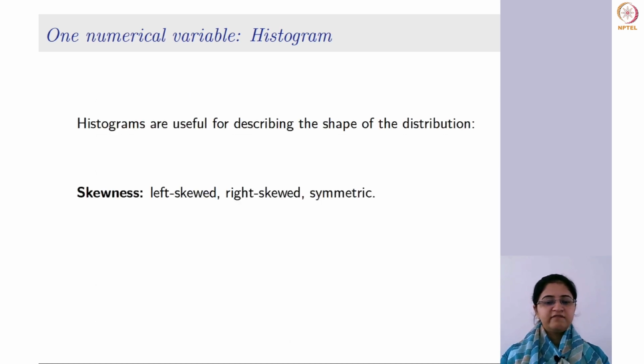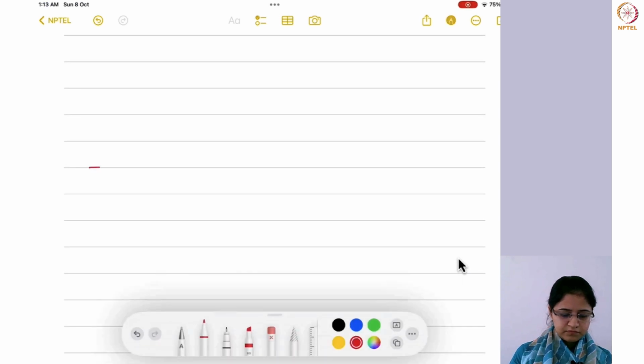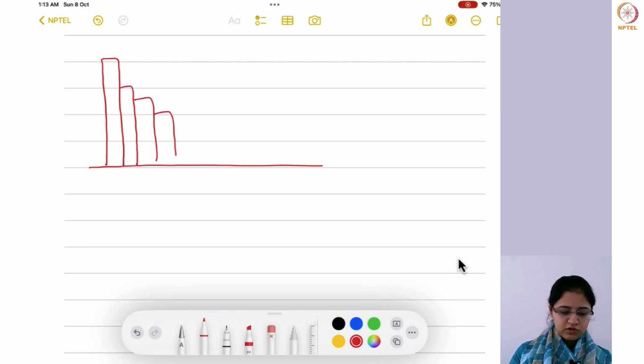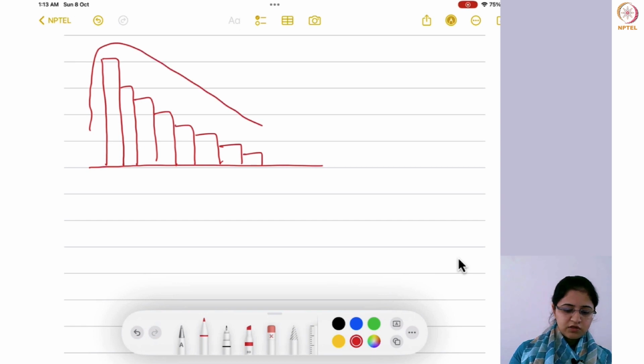So you can have left skewed likewise, or symmetric. Also, you can have different modalities also. So if the shape of your histogram is something like the one that you have just drawn, you can see from here, it is going in this way. So it is unimodal and it is right skewed.